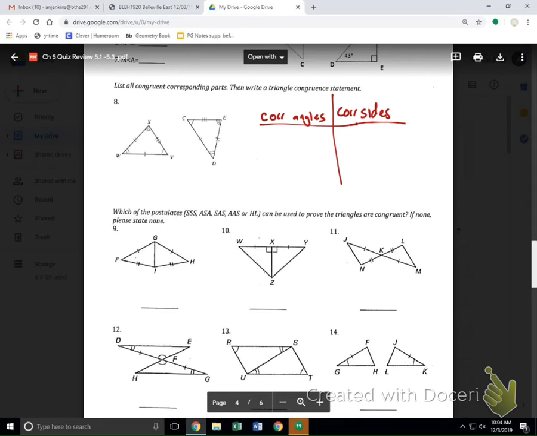So over here we have one arc, which is angle V, which is congruent to angle C. Two arcs, we have angle W, which is congruent to angle D. And then we have angle X, which is congruent to angle E. Okay, so we see those based on the congruent marks.